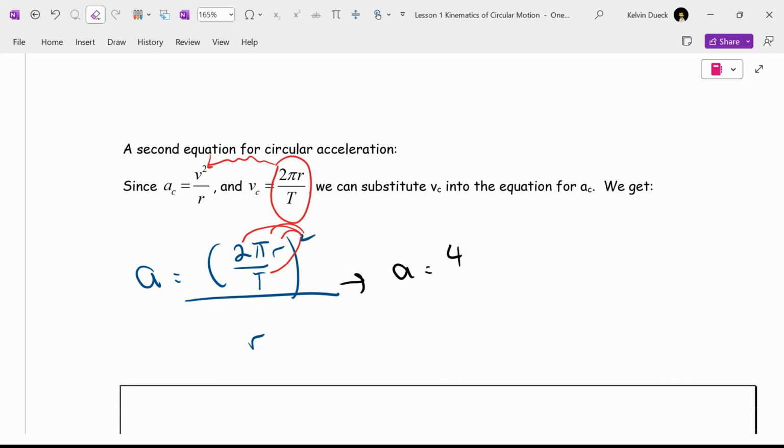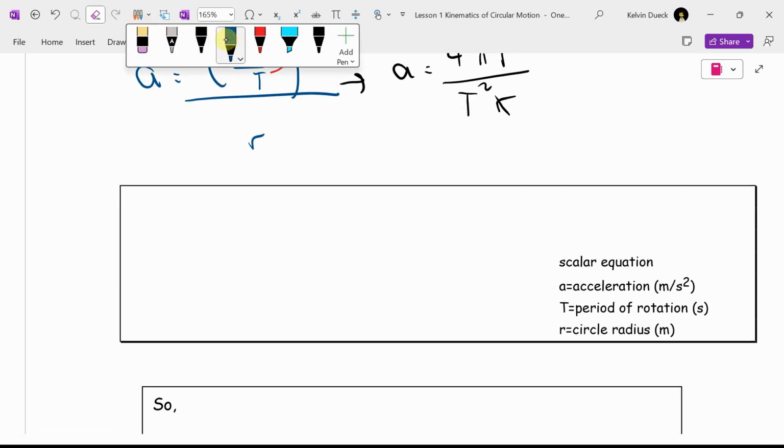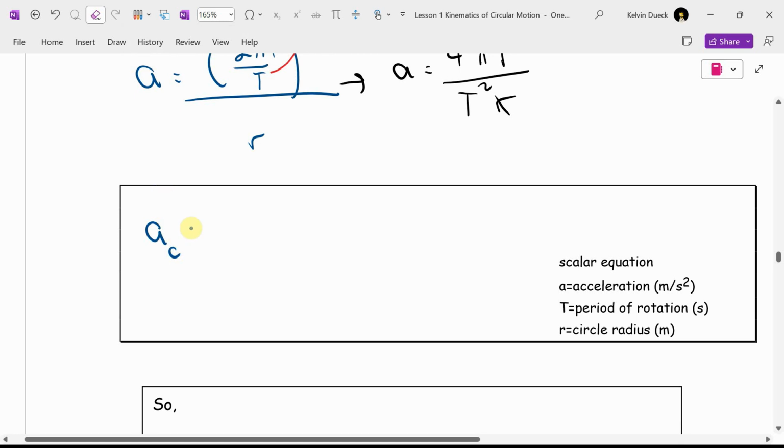What's pi squared? Pi squared. And then I have r squared over T squared, and there was already an r on the bottom from the original equation for a. Oh, there's an r squared on the top, there's an r on the bottom. These are your two equations for centripetal or circular acceleration: v squared over r and 4 pi squared r over T squared.